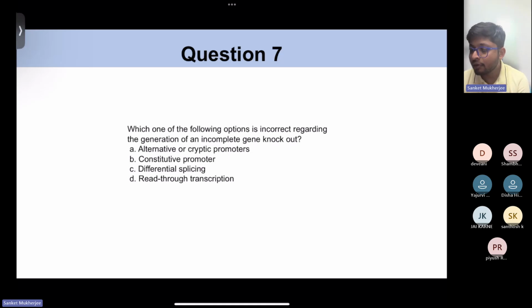Is it alternative or cryptic promoters, constitutive promoter, differential splicing, or read-through transcription?